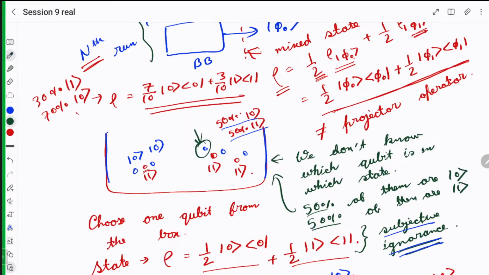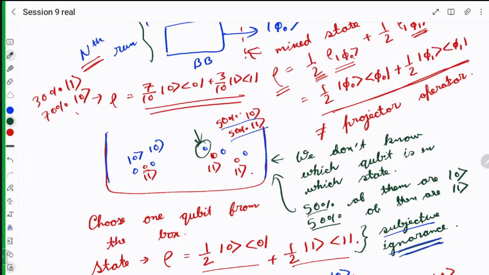And this is a situation which arises a lot of times in classical statistical mechanics. For example, when we look at an ensemble of gaseous molecules, we do not know exactly which molecule is moving with which velocity. But we know the average velocity, we might know the mean squared velocity, and so on.